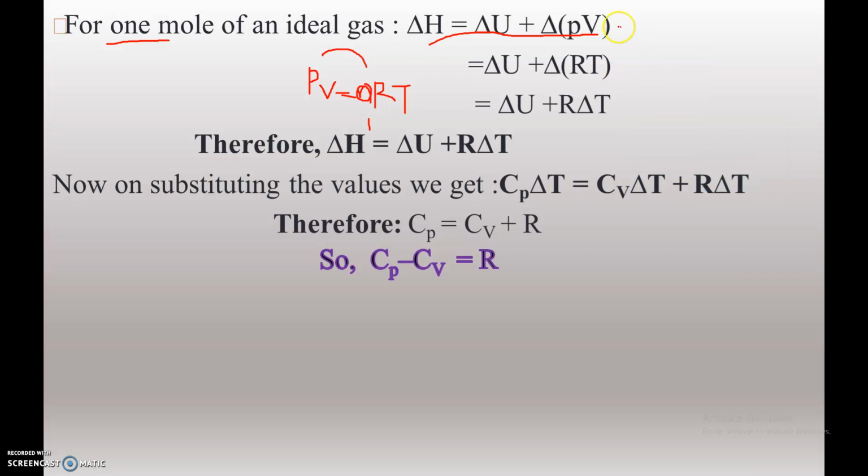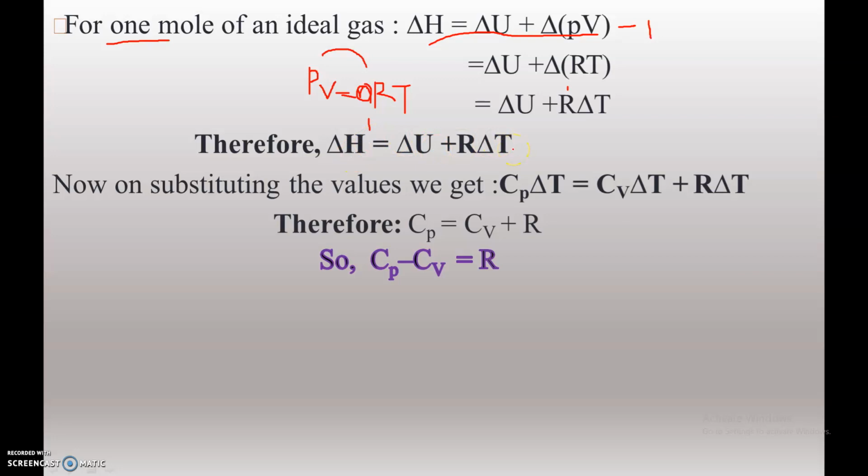In equation 1 we substitute RT instead of PV. So delta H is equal to delta U plus delta RT, that is delta U plus R delta T, because R is a constant and will not change. Only the temperature changes. So delta H is equal to delta U plus R delta T.